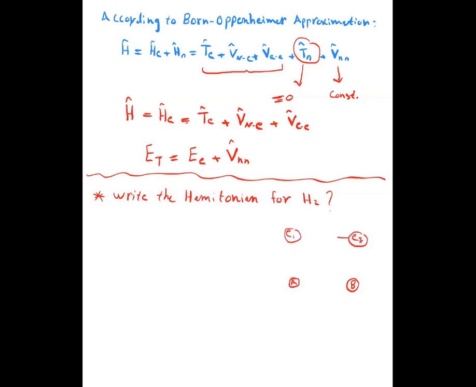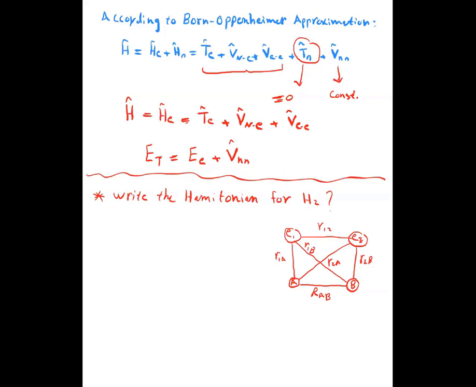Here we have repulsion between 1 and 2. Here we have attractive forces 1A, and R 2B, and here we have repulsion between A and B. Also here 2A, another attractive force, and 1B.